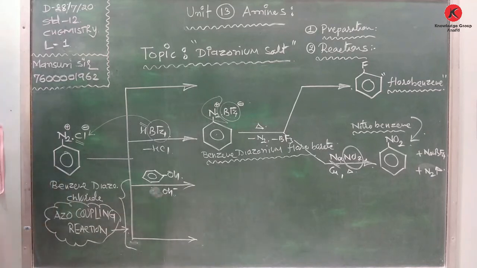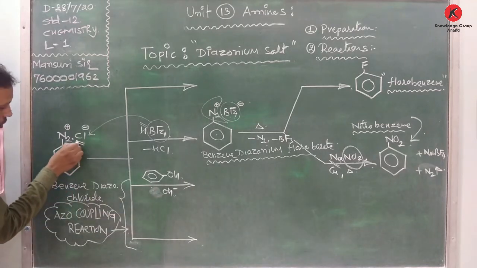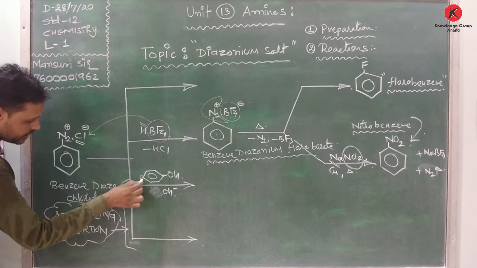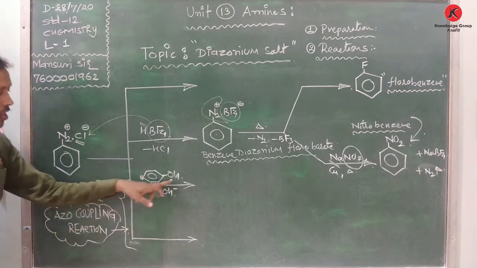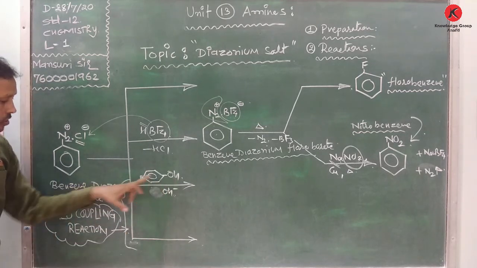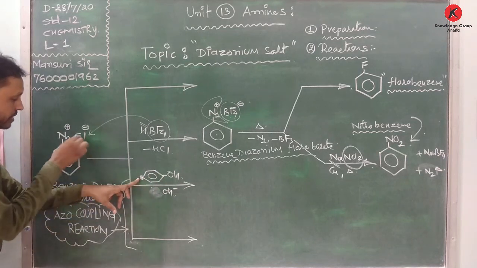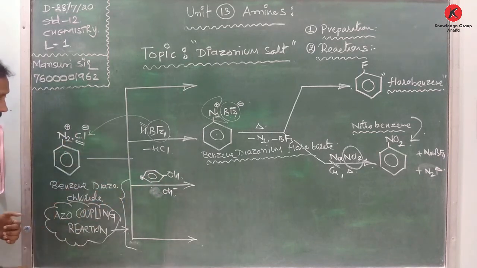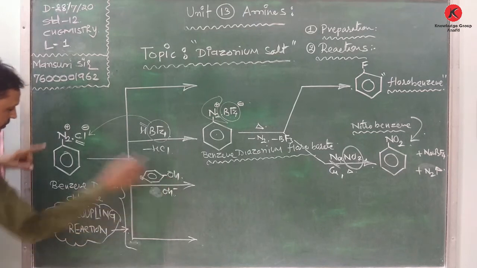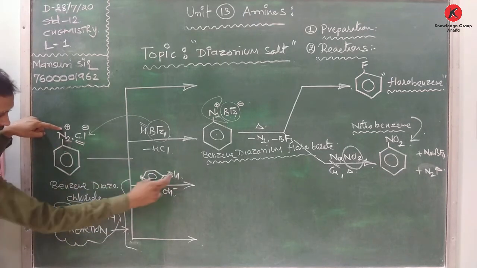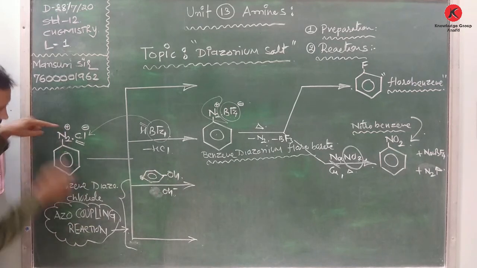How is it possible? Chlorine is removed with the hydrogen at the para position of OH. So HCl will be removed and this ring will be fused with this N2.